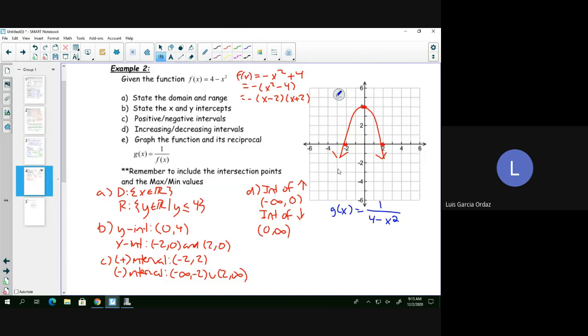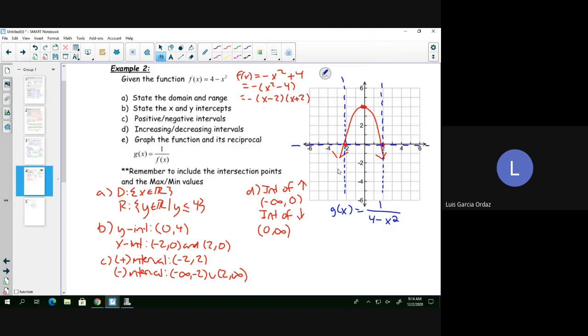Okay. And then we have an asymptote at 2.